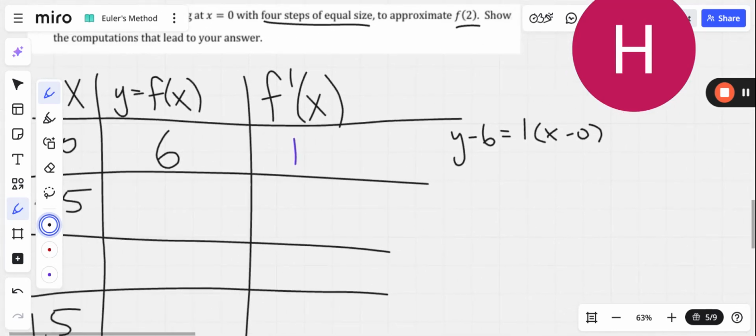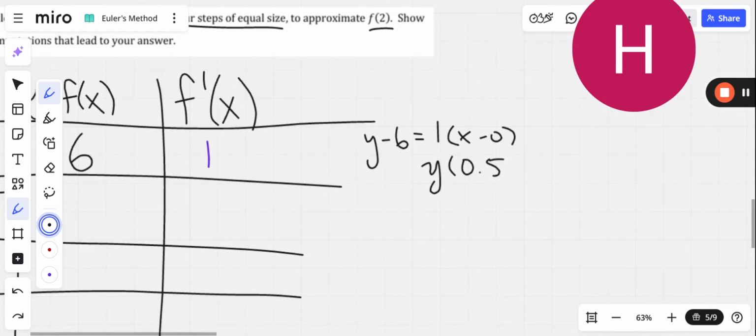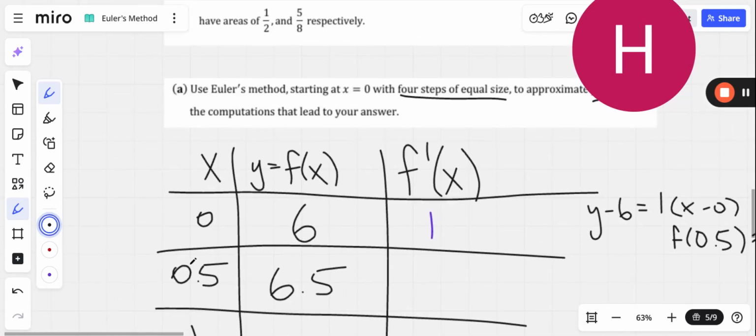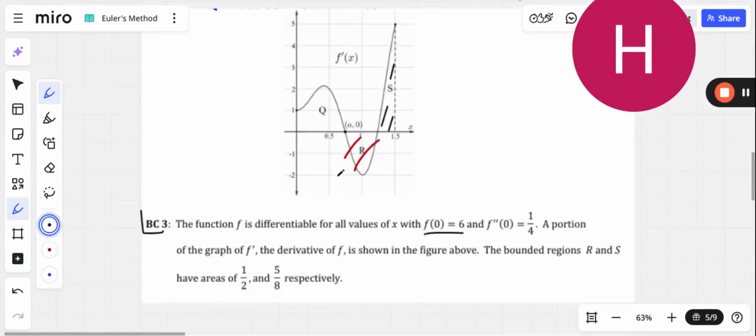So that means that y of 0.5, or I should say f of 0.5, is going to be approximately 6.5, because 0.5 and then plus 6. All right, that gets us a little bit closer. Now we're going to use the graph of the derivative again to see what's the derivative at 0.5.